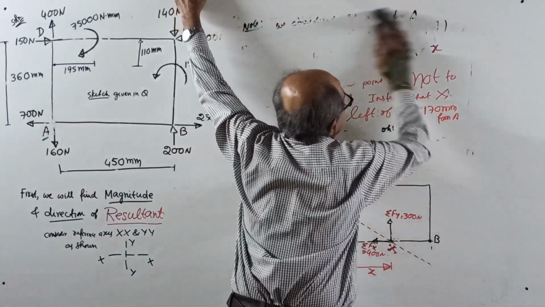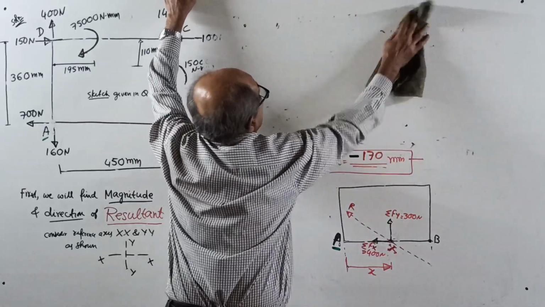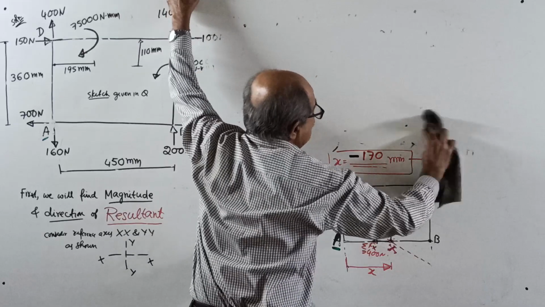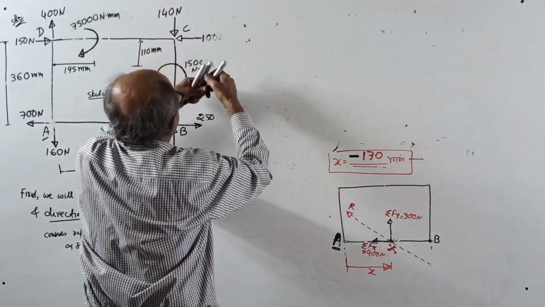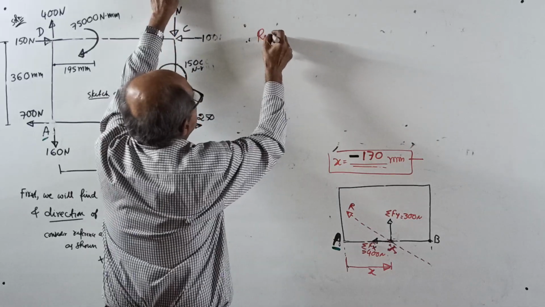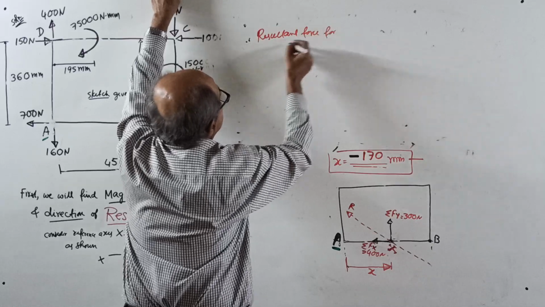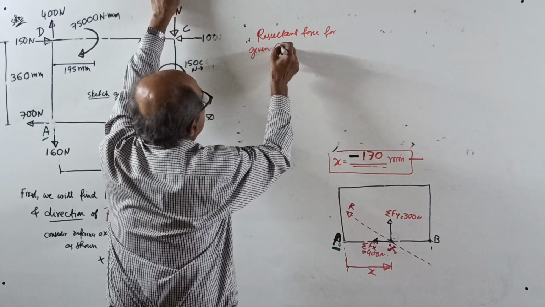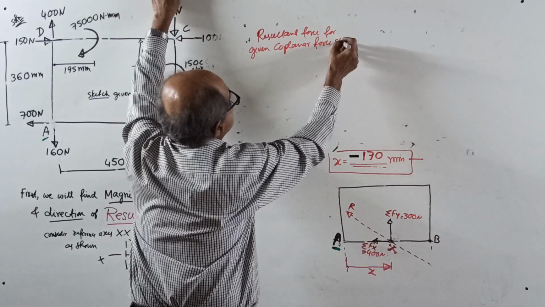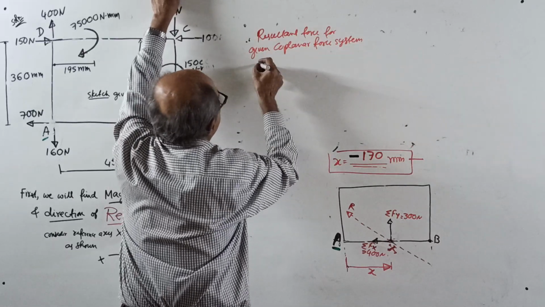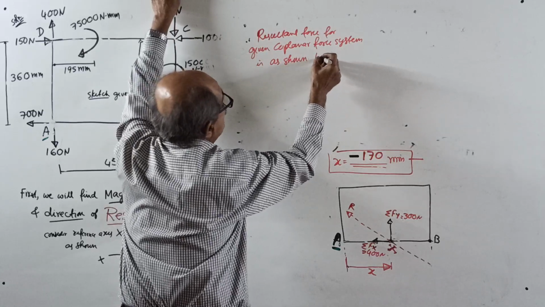Everything clear? Therefore, right here, closing answer. Closing. Next time I'll extend the same question once again. Therefore, the resultant force for the given coplanar force system is as shown below or on the right side.